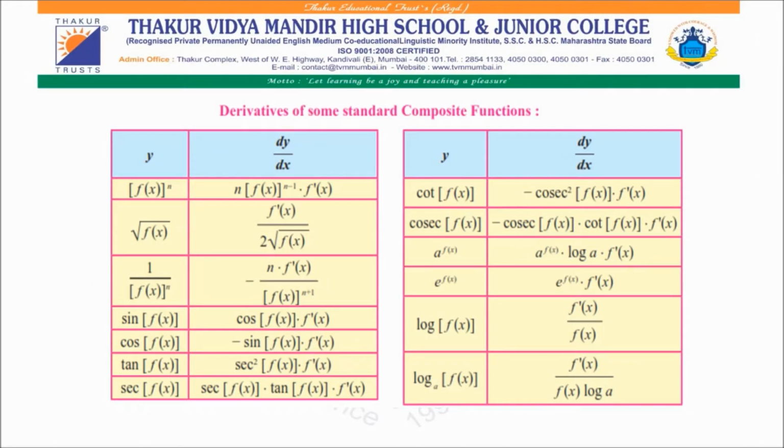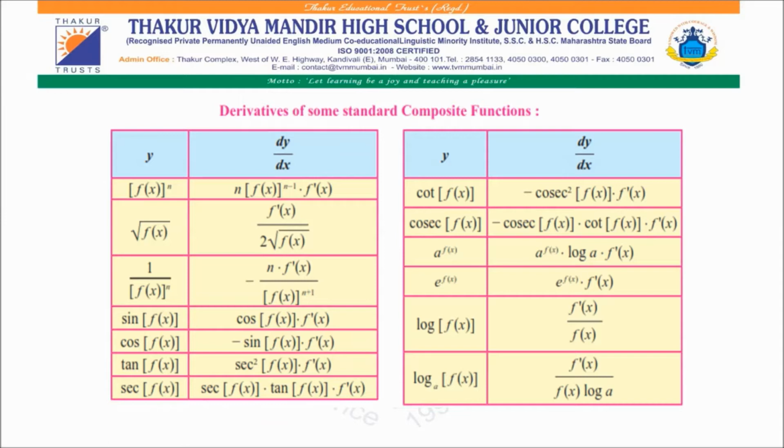Derivatives of some standard composite functions. Here some important functions are given. All the functions are composite functions. See how to differentiate this. If the function given is f of x raised to n, then its derivative is n f of x raised to n minus 1 into f dash x. By using this you can directly differentiate the composite functions.